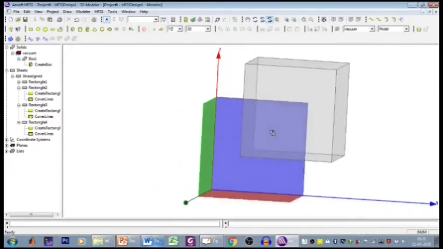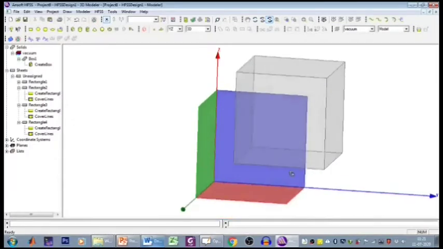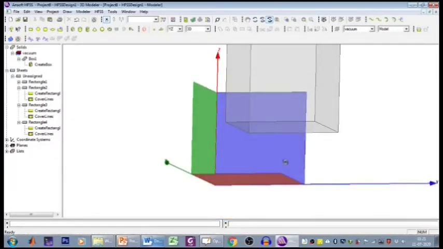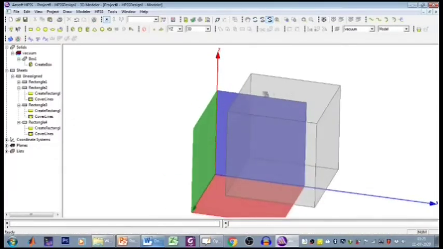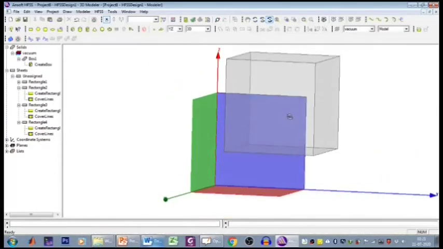On the top you see another face, which is again an xy plane. Okay, and the bottom is also an xy plane. On the right side you have a zx plane, and on the left again a zx plane. Okay, but their positions are different. So this is about planes.